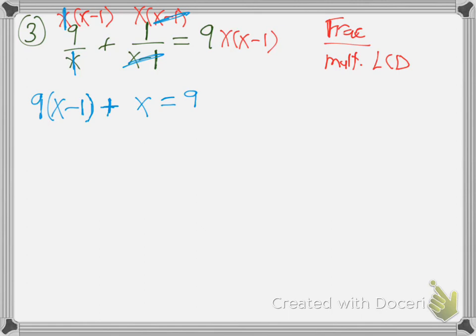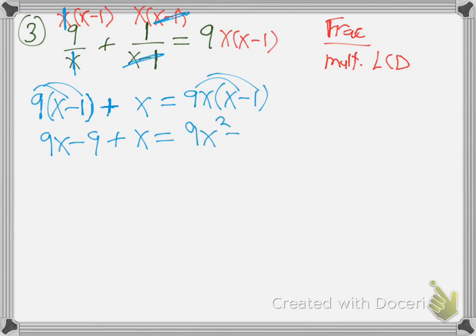And out here we're going to have 9x times x minus 1. So distribute: 9x minus 9. Distribute: 9x squared minus 9x. Okay, gather terms. 9x and x is 10x.